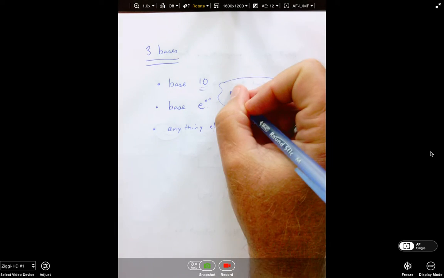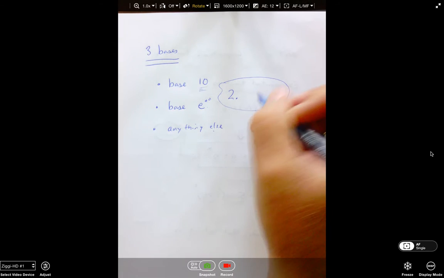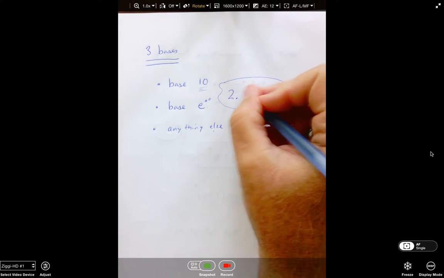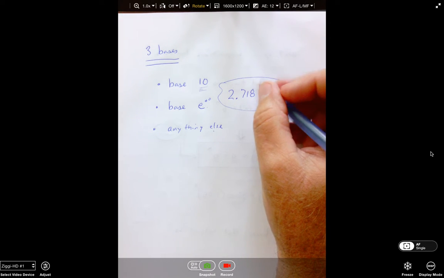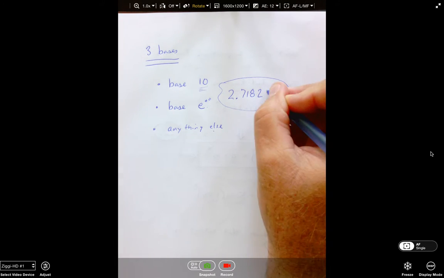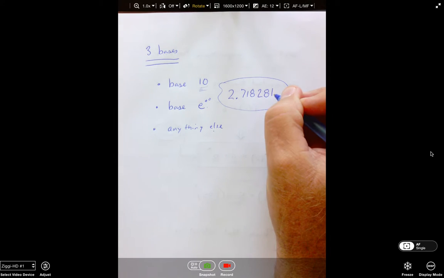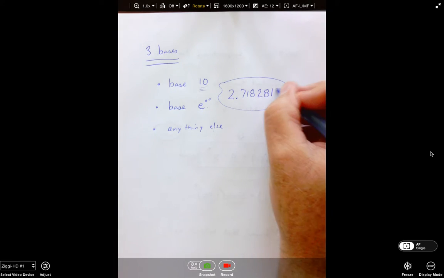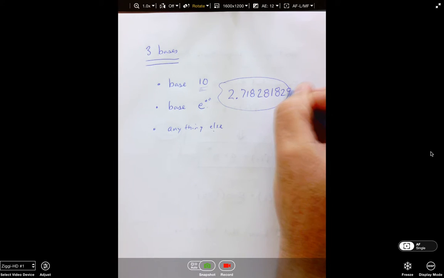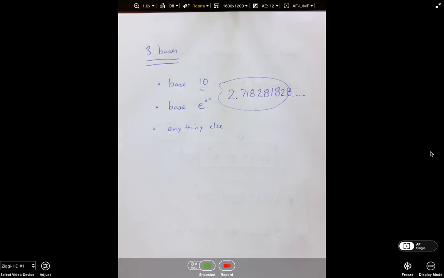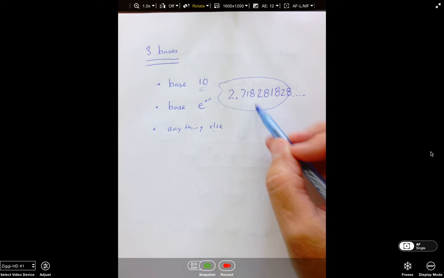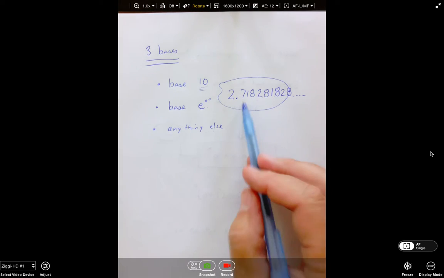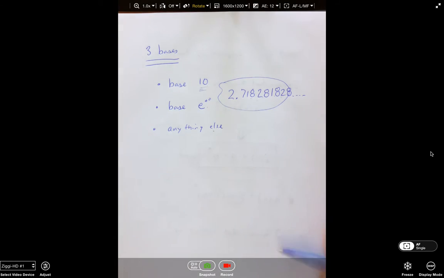But e is a number just like that. It's 2.718281828, and that's as far as I remember. That's the way I remember that.